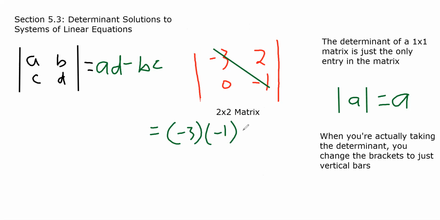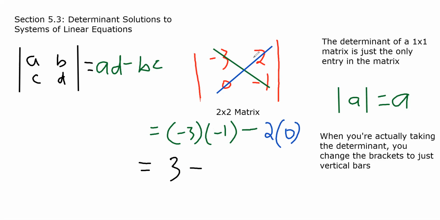And then I'm subtracting, always subtraction. And what I'm subtracting is the product of these ones on the off diagonal. Just so happens there's a 0 in there. So what this ends up becoming, -3 times -1 is +3, minus 2 times 0.